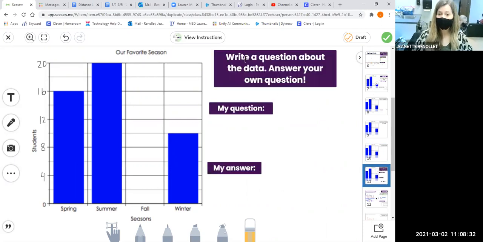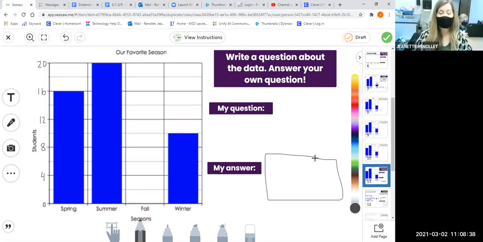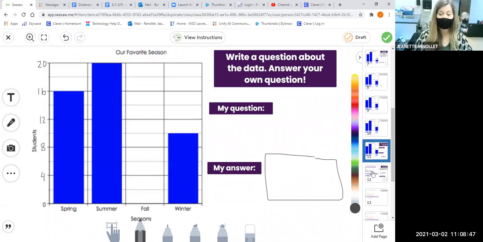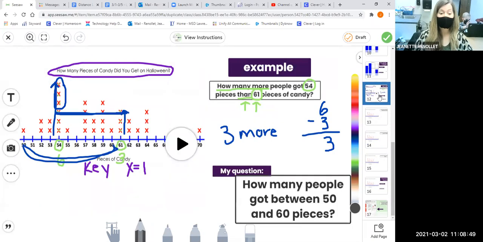Then on slide 11, you will write your own question and write the answer to your own question about this graph. So you have 5 slides with the bar graph. Then we switch to a line plot. On slide 12, there's a video that teaches you about the line plot.